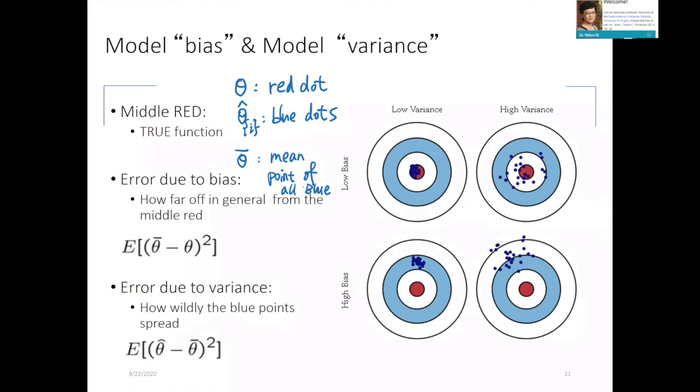All right, so let's see low bias first. Yeah, I can maybe make it more concrete. This is my first theta 1 from the first D1 dataset.